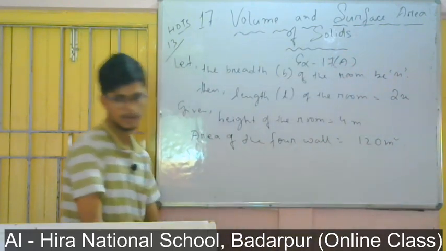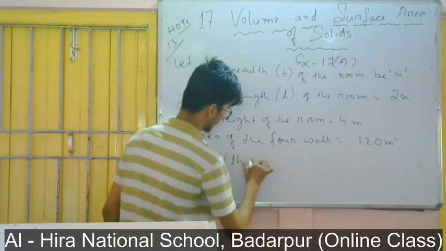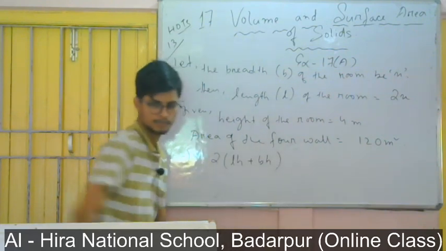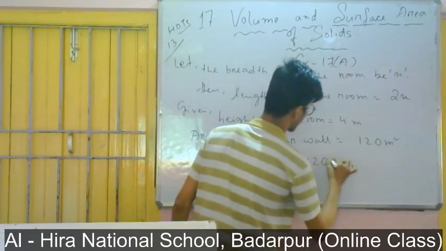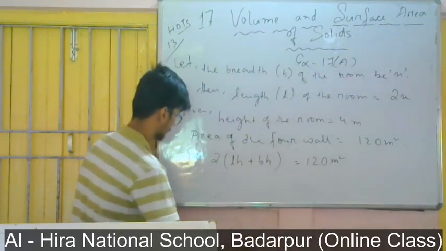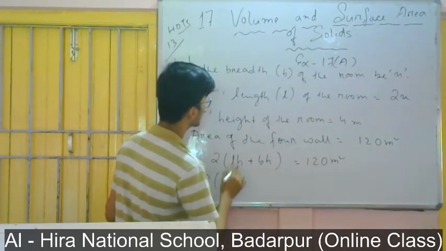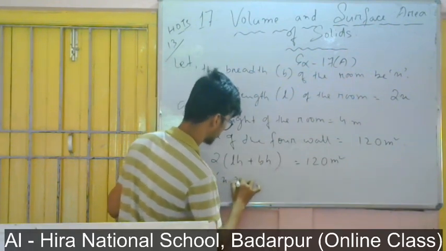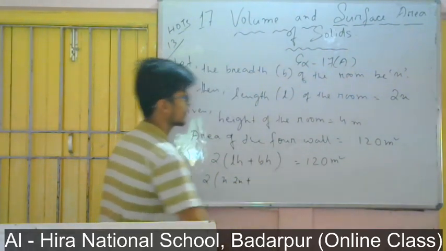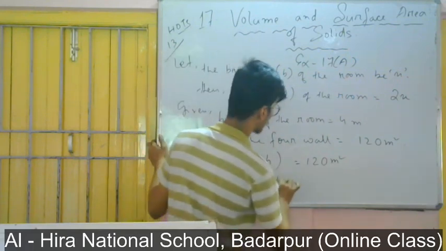Area of the four wall, we know the formula, 2 into LH plus BH, which is equal to 120 meter square. LH, length into breadth. Length here it is 2x, breadth is x, plus breadth again x, and height is given 4.